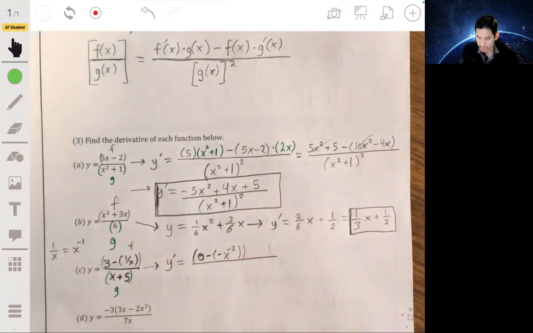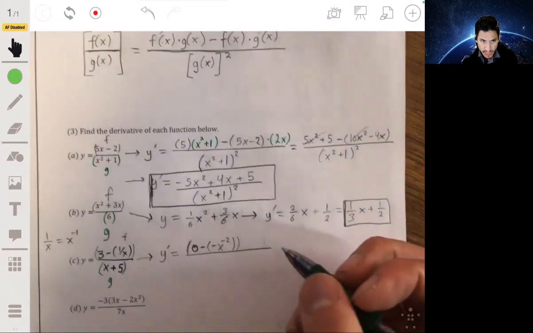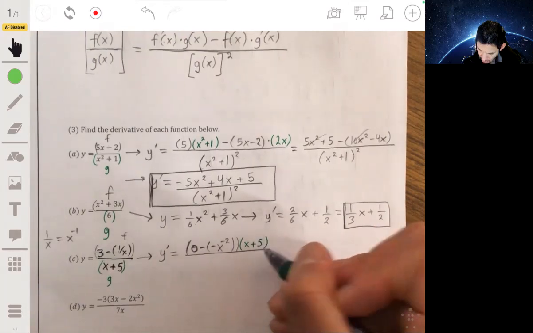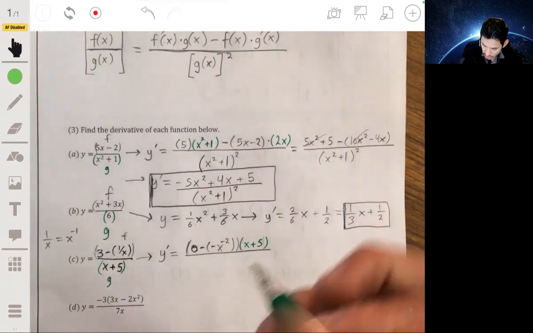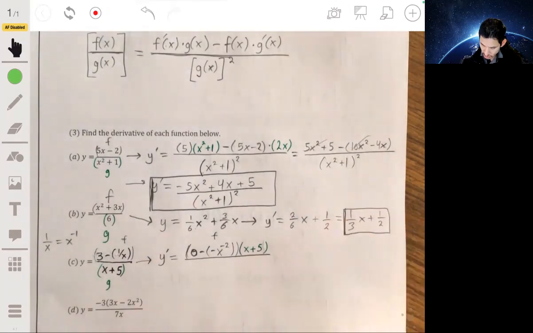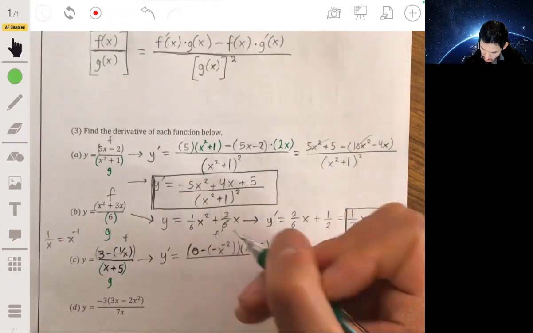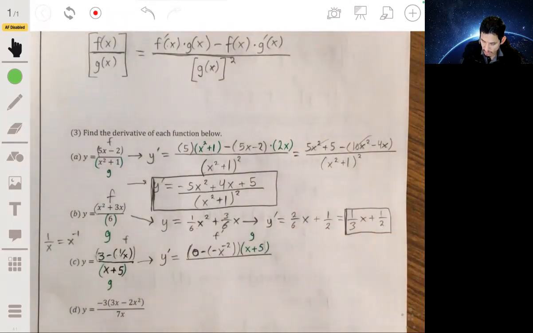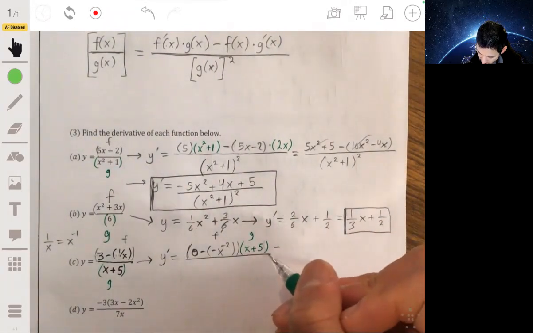That's just your f prime. Keep the g as is, so multiplied by x plus 5. Oh, no, that's your f prime. Excuse me, that's f prime. That's your g. From this, now we subtract.